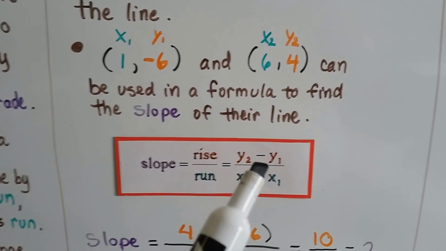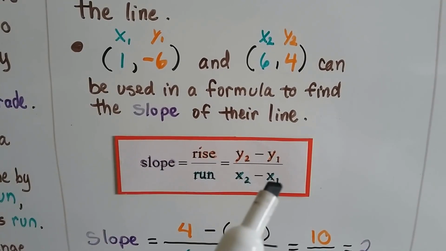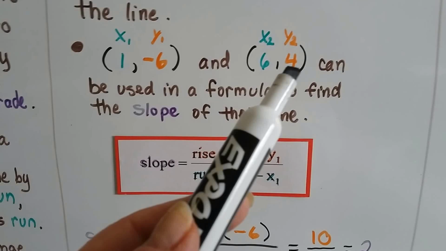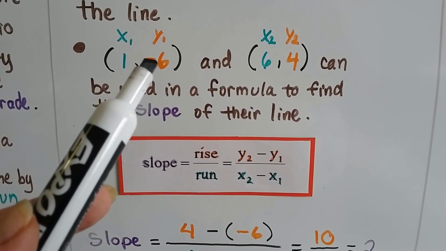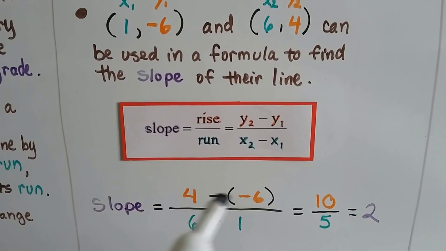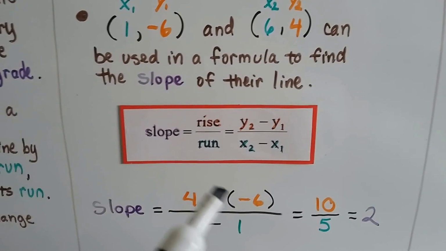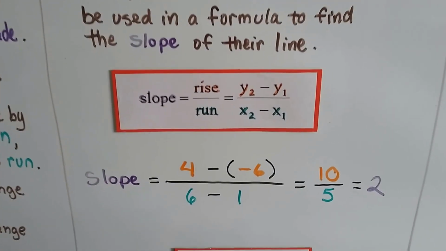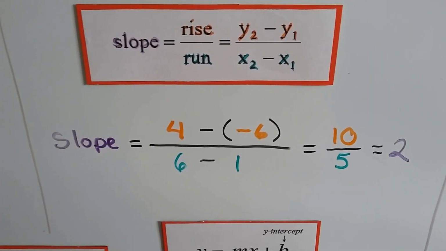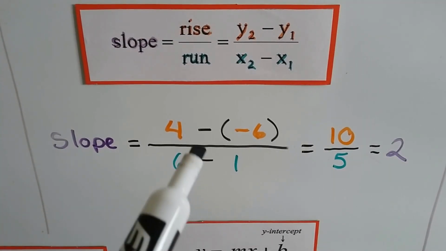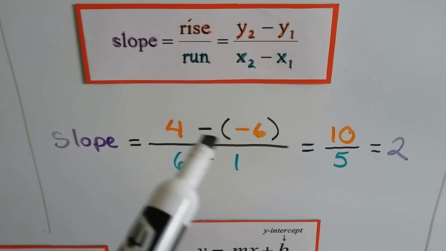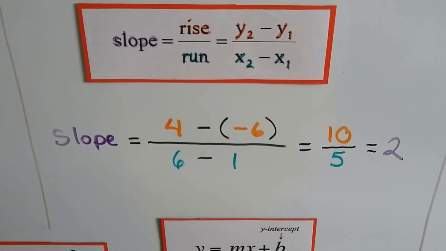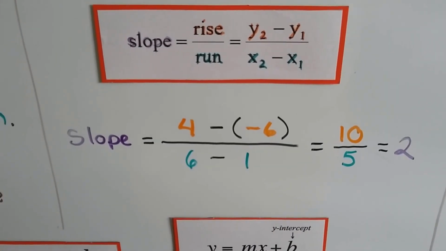It's y2 minus y1 divided by x2 minus x1. So we take y2, 4, and y1, -6, and we plug them in here. And then we take x2 minus x1, so we get 6 minus 1. We do the math. 4 minus a -6, when we subtract a negative, we add the opposite, right? So we're going to get 10 over 5. We divide it and we get 2.